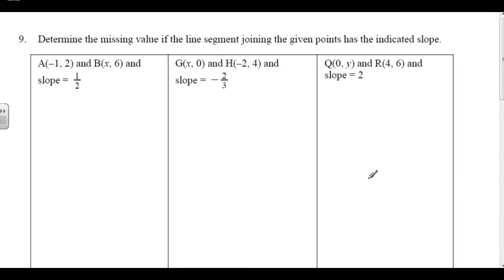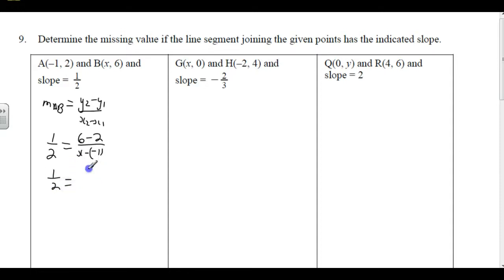Determine the missing value if the line segment joining the given points has the indicated slope. Okay, so slope of AB is where the formula comes in, right? That's why we've written it down 150 times to this point. This time we know slope, so we're going to substitute 1/2 is equal to, and we'll go 6 minus 2 over x minus negative 1.